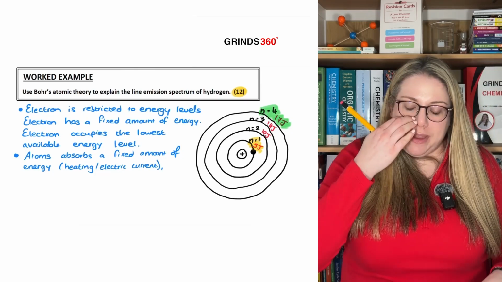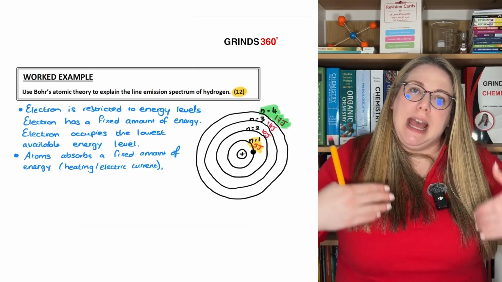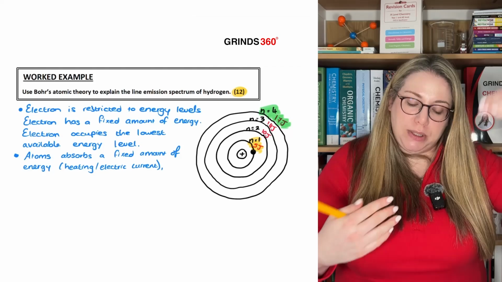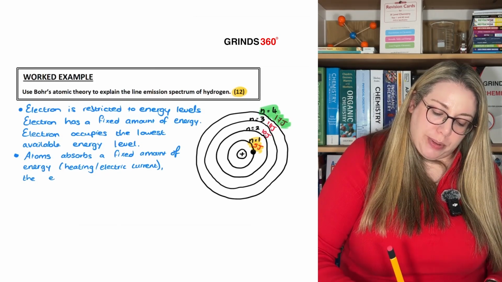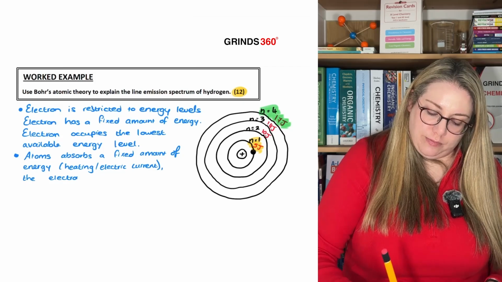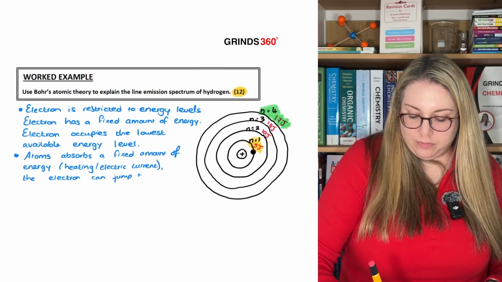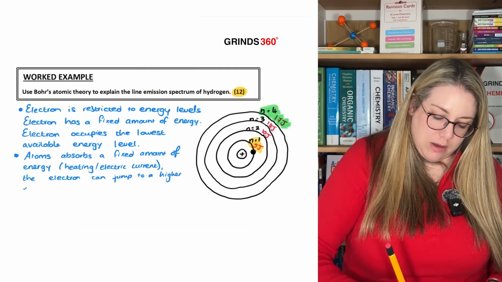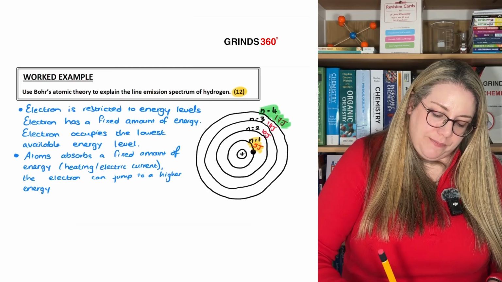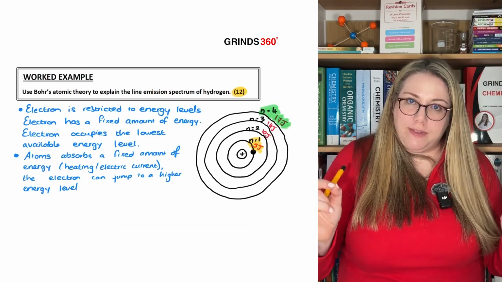Next, once your atom has absorbed that amount of energy, an electron can move up to a higher energy level. The electron can jump. Now here, resist the urge to start abbreviating.